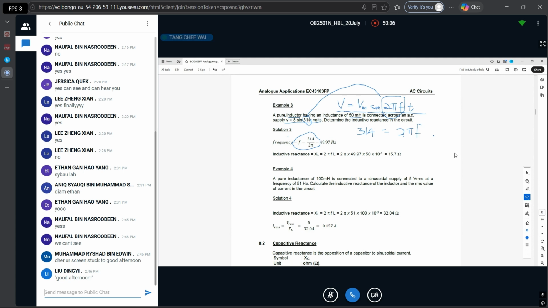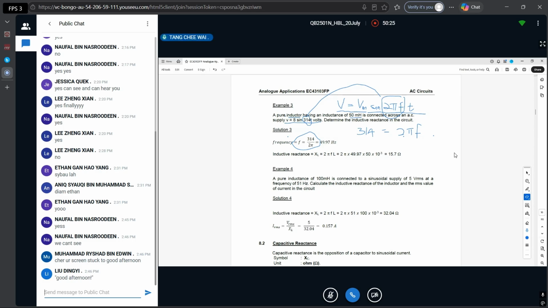Before it comes to here, it's actually this one first. If you look carefully, they move the 2 pi over. That's why they write it this way: f equals 314 divided by pi. You understand what I mean?